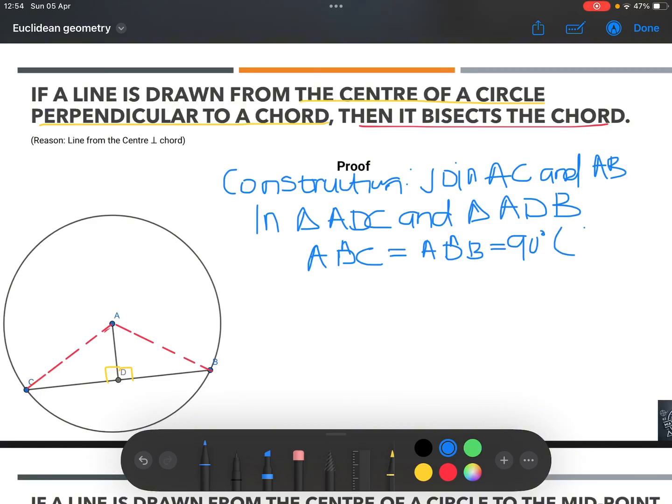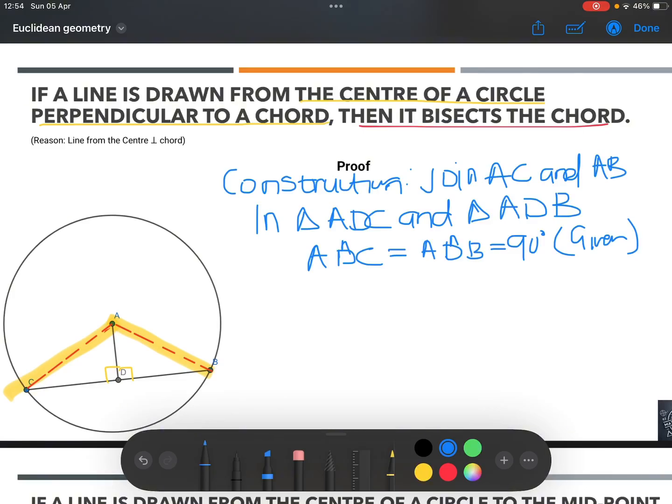We said it forms 90 degrees, so it's given from our claim. Going forward now, looking at these two triangles, we can see that we have AB and also AC. Those are lines drawn from the center of the circle to the circumference and are equal.